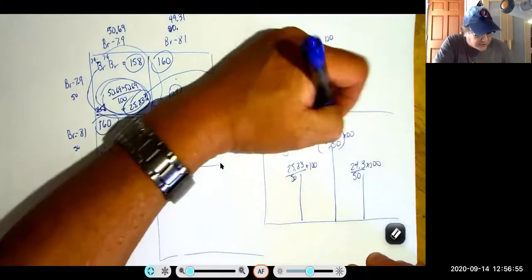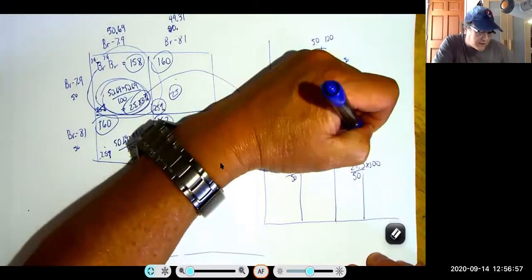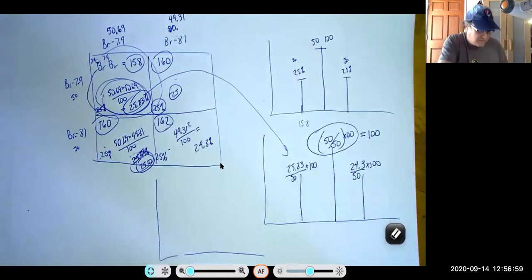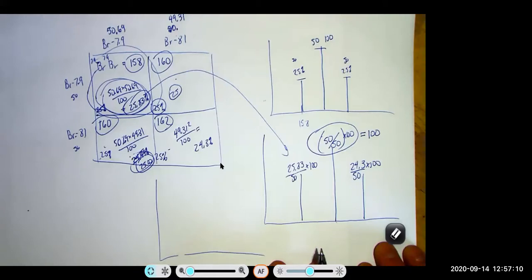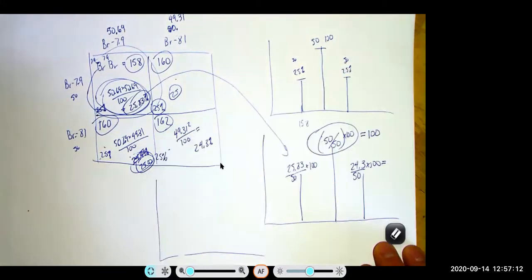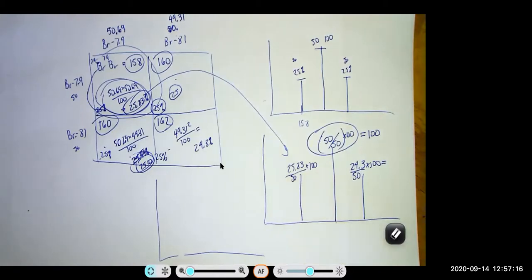I'll do this one because it's the hard one. This is a 100. You guys do that. What's 24.3 divided by 50 times 100? 48.6.